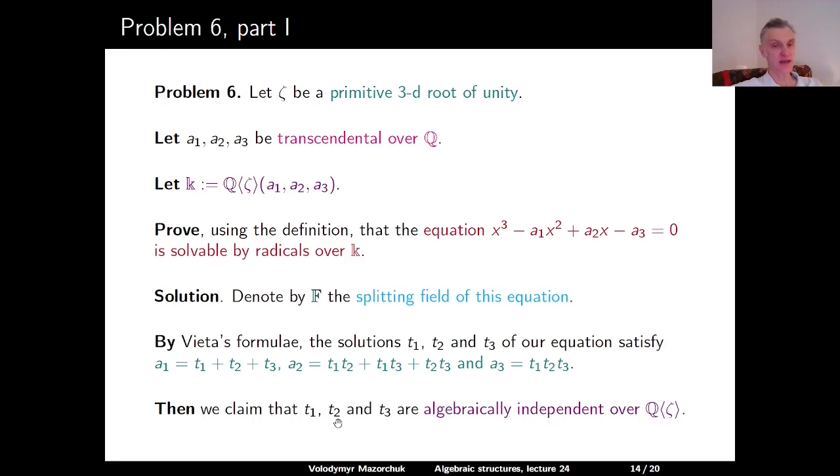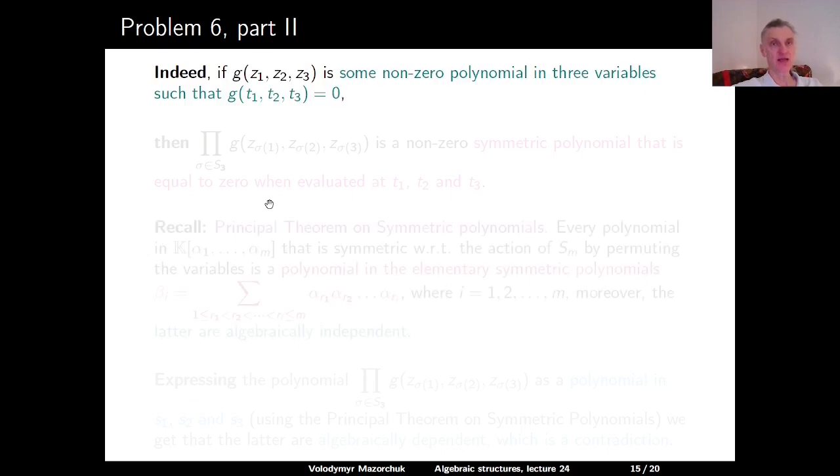We claim that the elements T1, T2, and T3 are algebraically independent over the field which is obtained from the rationals by adjoining zeta. Indeed, assume that this is not the case. Assume that G is some non-zero polynomial in variables z1, z2, and z3, such that if we insert T1, T2, and T3, we will get 0.